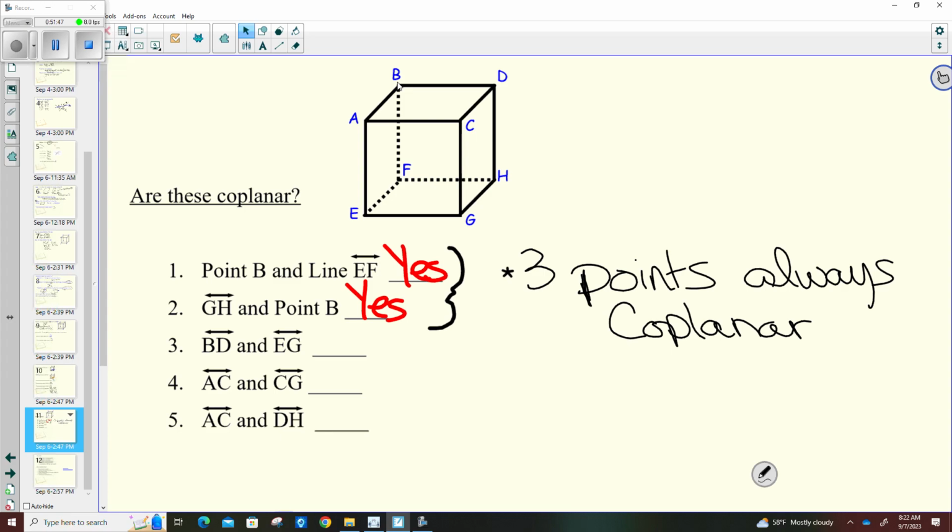All right, you're again looking for coplanar, and I want you to go down the list. Do 3, 4, and 5 together, and then we'll talk about them in a second.